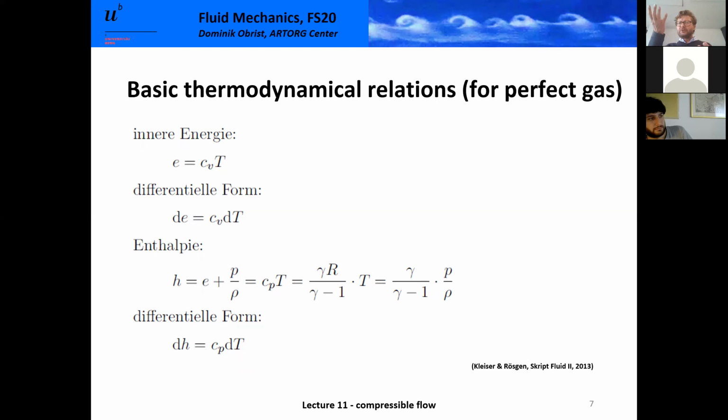If we raise the temperature, the inner energy goes up, and the proportionality constant is called CV. And this is just a constant. Again, you can look it up in books, what it is for air, what it is for other gases. The second formula on this slide is the differential form of that. And we're going to use this differential form or other differential forms quite a lot in the following.